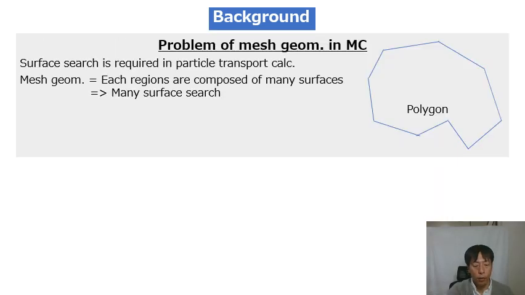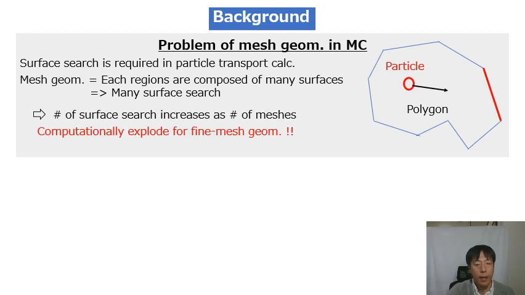Let me explain the computational problem of polygon mesh geometry in Monte Carlo simulation. A surface search process is required in particle transport calculation. When the particle is located at this position, we need to find the next crossing surface from all the surfaces enclosing the region. For the polygon mesh geometry, normally each region is composed of many surfaces, which requires many surface search processes.